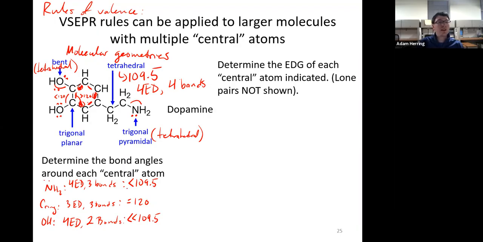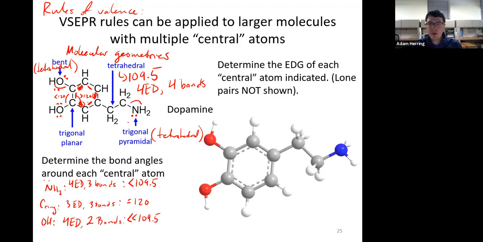In fact, it will even be less than the angle for the nitrogen atom. And if we look at this molecule in 3 dimensions, we can see that we do have some bent structures. This is trigonal planar, 120 degrees. We have tetrahedral, and we have a trigonal pyramidal electron or molecular geometry.